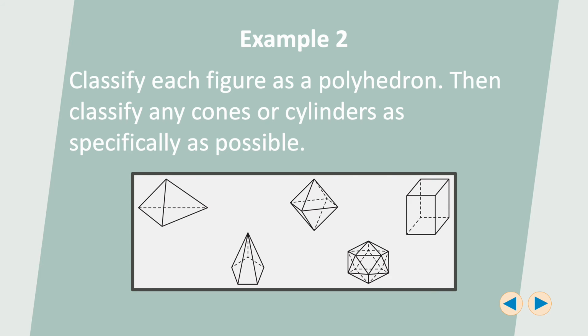Okay, so here we're just going to be classifying the polyhedron. That's all we're doing. Let's talk about it. Okay, this one is going to be the first one that we look at, A. How many faces does it have? I can see 1 right here, and 2. I see 3.